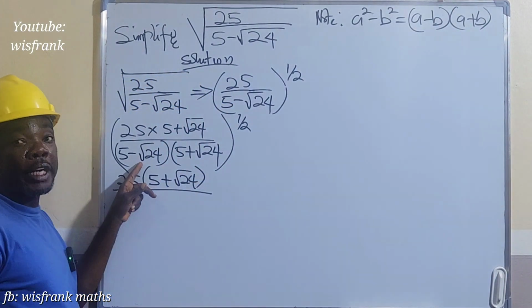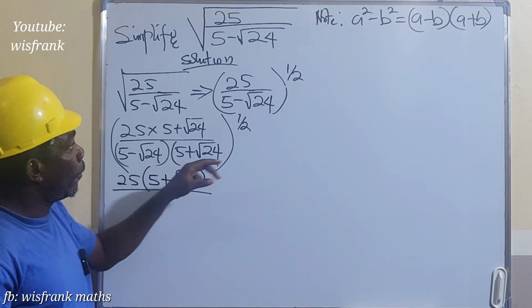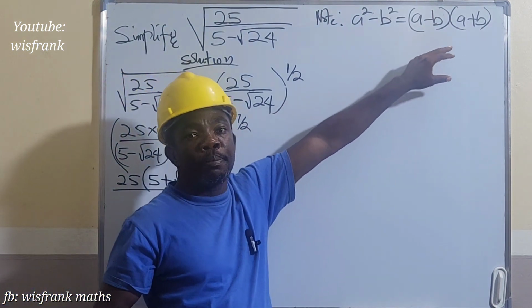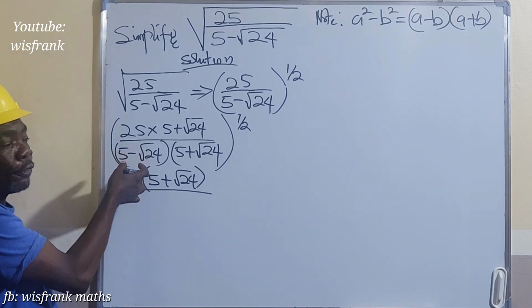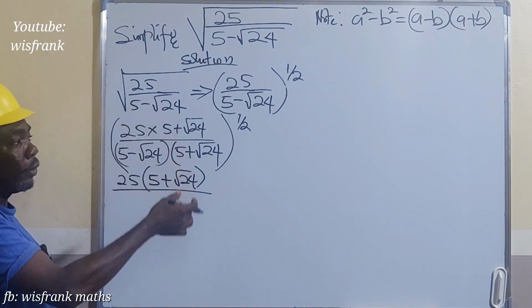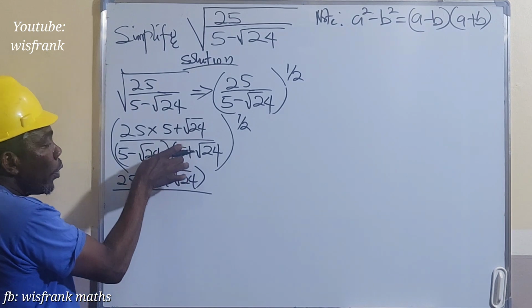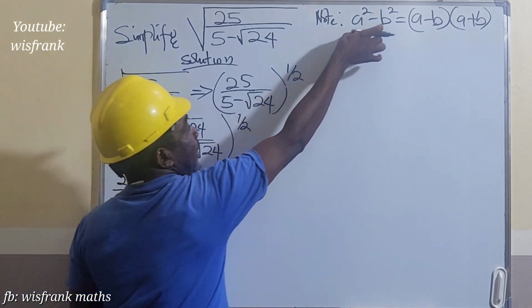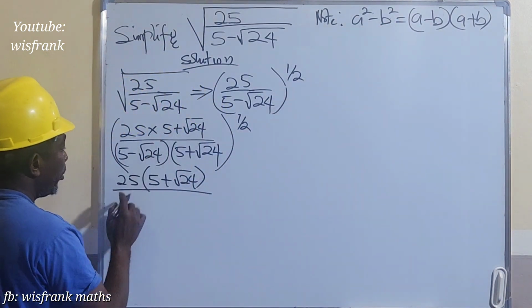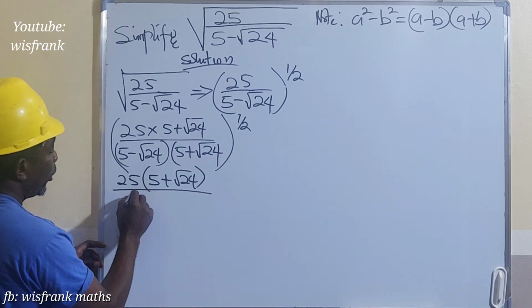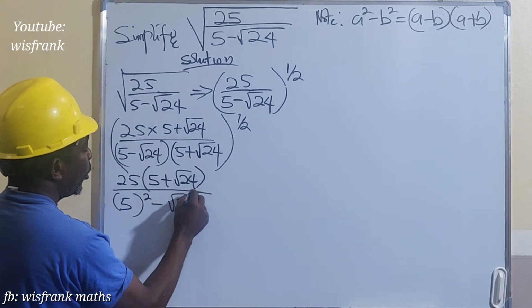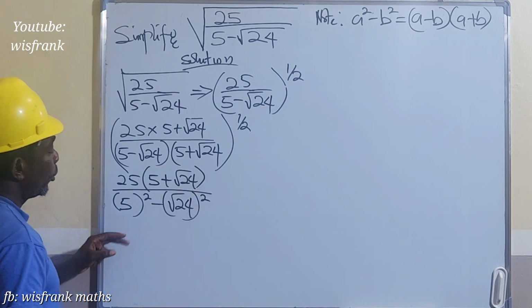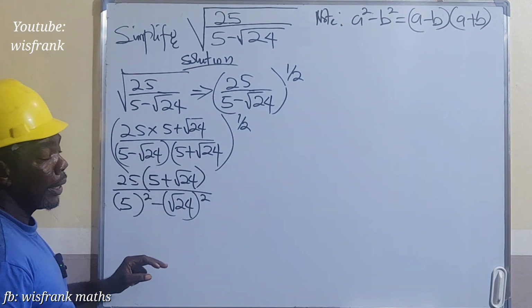If you look at this denominator, it is in this form, a minus b into a plus b: we have 5 minus root 24 into 5 plus root 24. So we express this in this format, which becomes 5 to the power of 2 minus square root of 24 all to the power of 2.